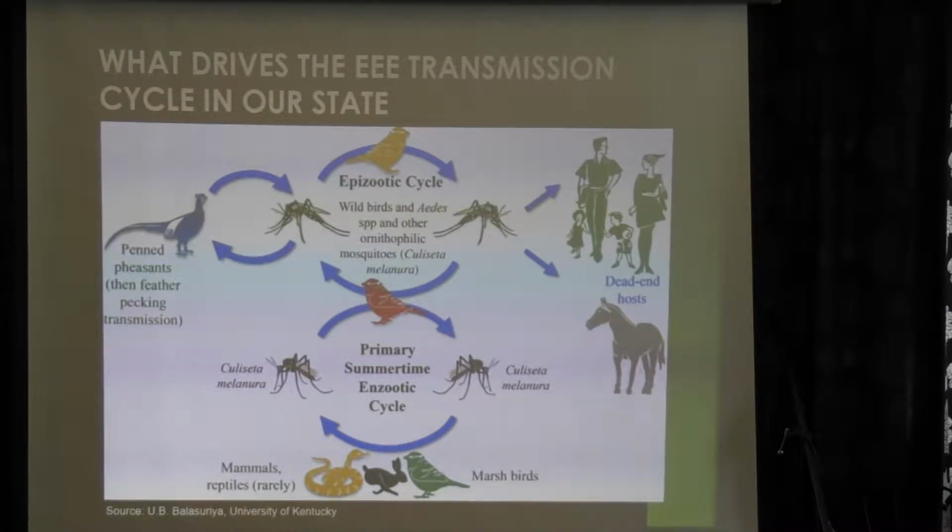So it will bite birds, but also bite humans. So Culiseta melanura is needed to get the virus levels up. But eventually, once the virus levels are up, the Coquillettidia is going to be biting birds and then biting mammals and potentially herps, and then spreading the virus to other types of animals.